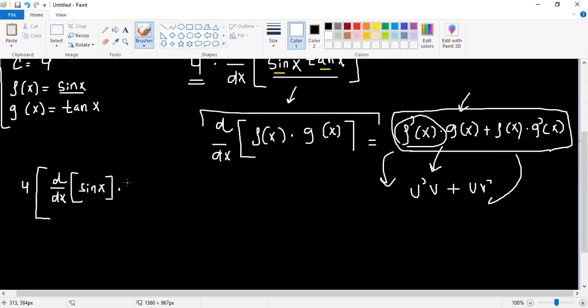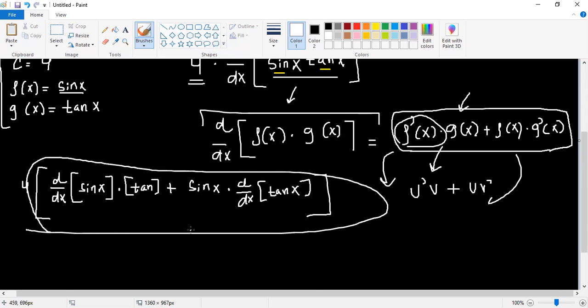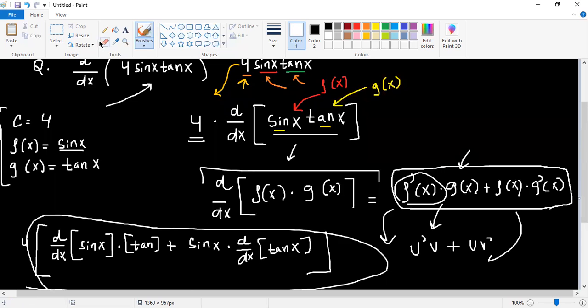And that would be multiplied to g of x, which is tangent, and all that would essentially be added to f of x, which is sine of x, multiplied to the derivative of g of x, which is, of course, tangent of x. And so this would essentially be our main starting point of computation.